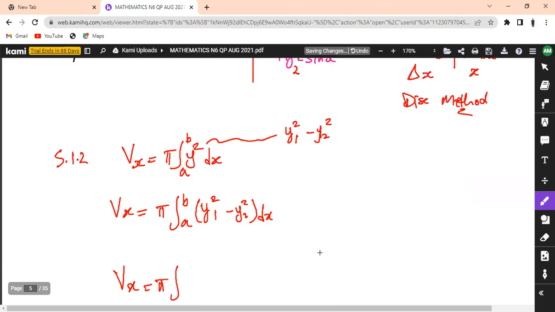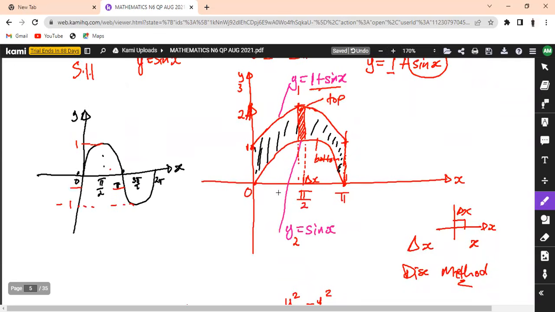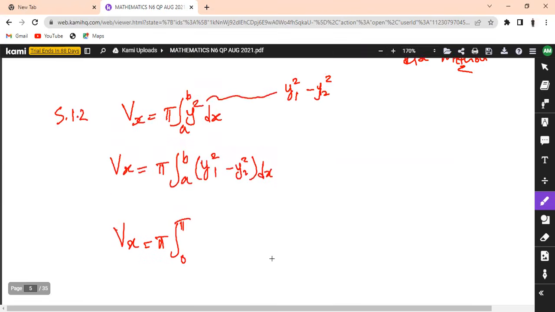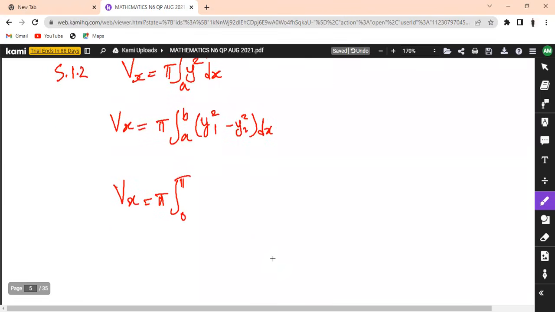Remember, our limits are from 0 to pi. So that is 0 to pi, and what we need is y1 squared, which is 1 plus sine x squared, minus y2, which is sine x squared. So that's what you're going to have in this case.